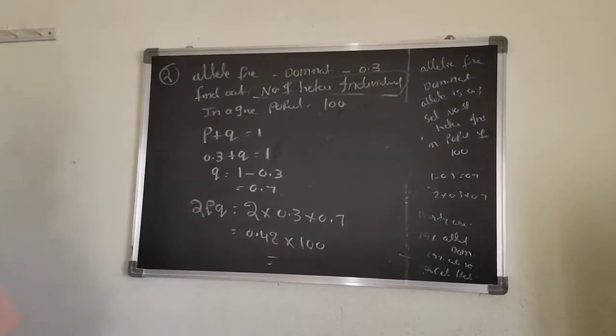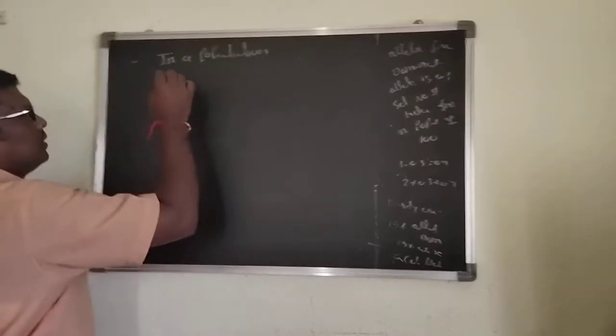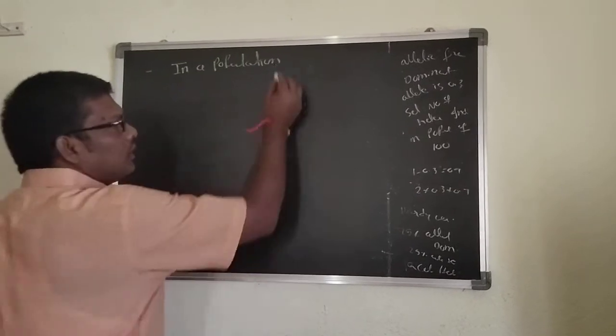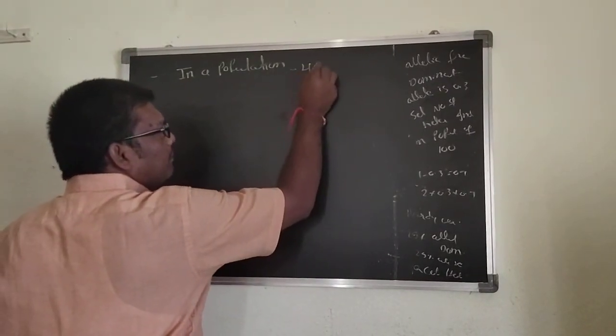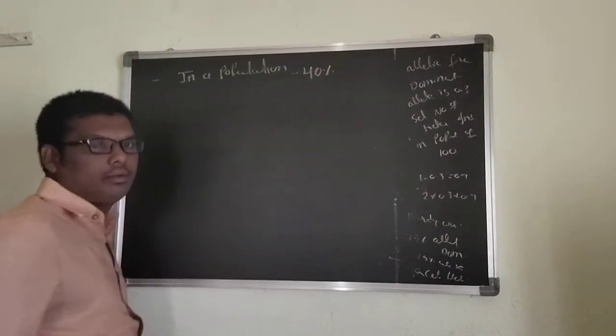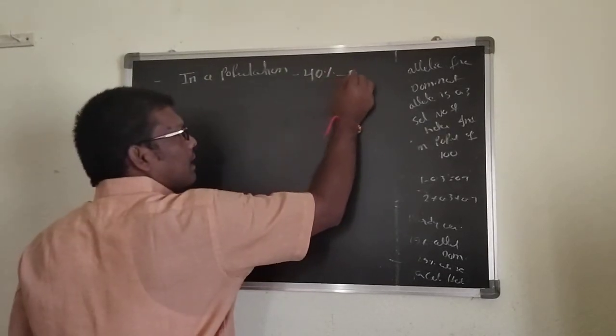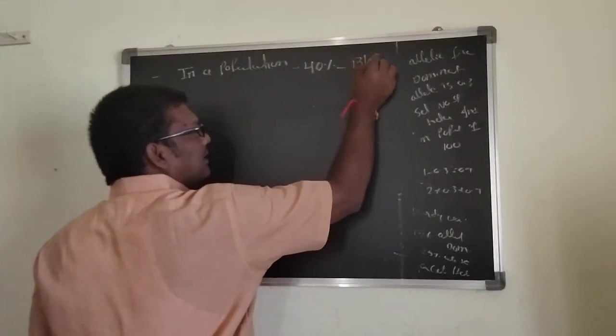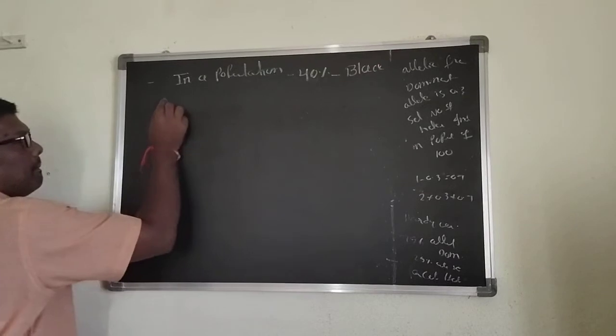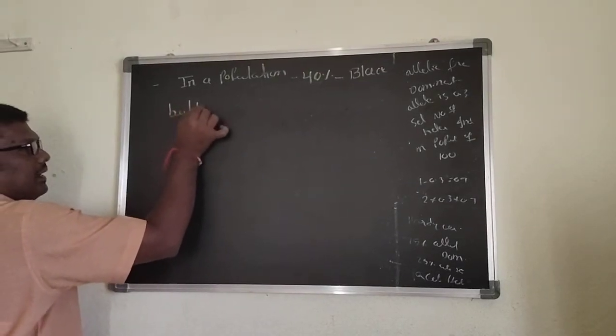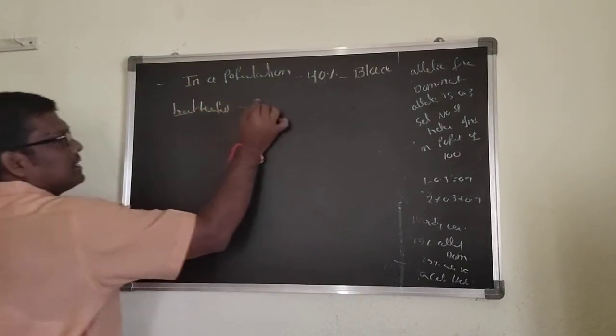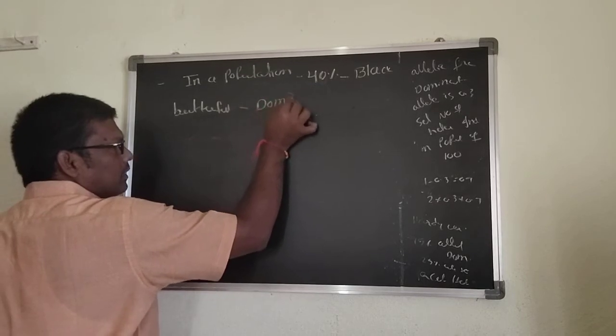Now another problem. Suppose in a population 40% of black color butterflies are dominant.